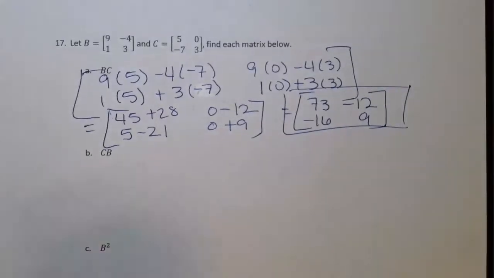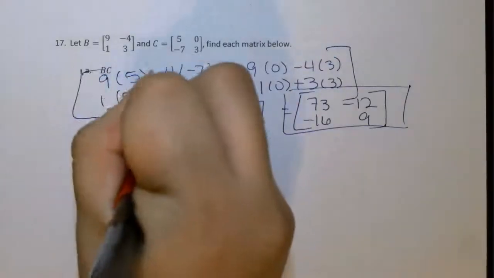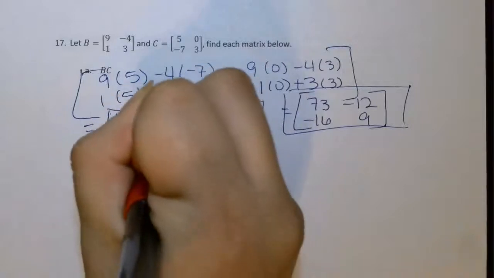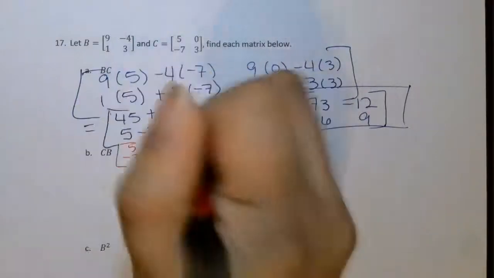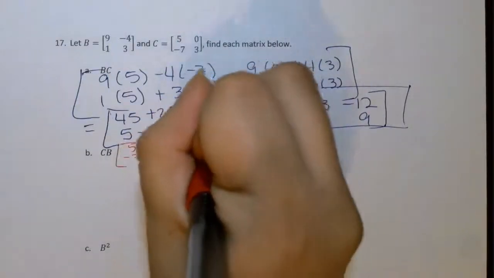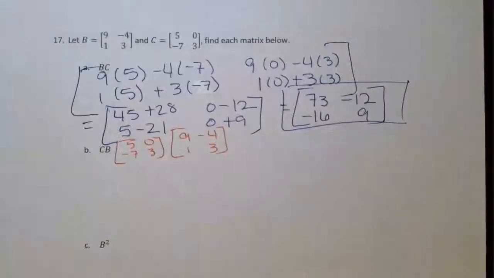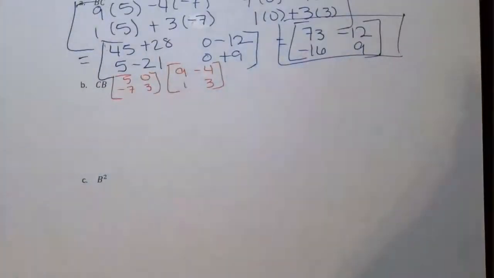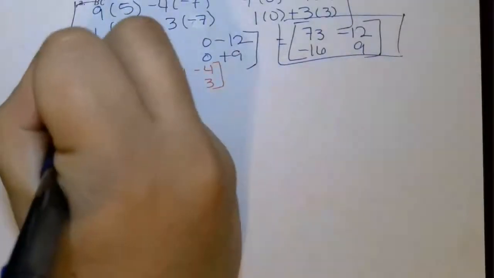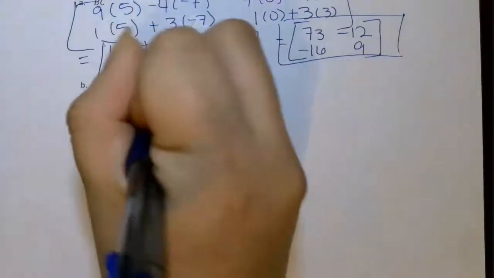For C times B, I'm doing this in the other order. So I'm having 5, 0, negative 7, 3, and I'm multiplying by 9, negative 4, 1, 3. So I'm multiplying the rows from the first one with the columns of the second one. I'm going to have 5 times 9 plus 0 times 1.